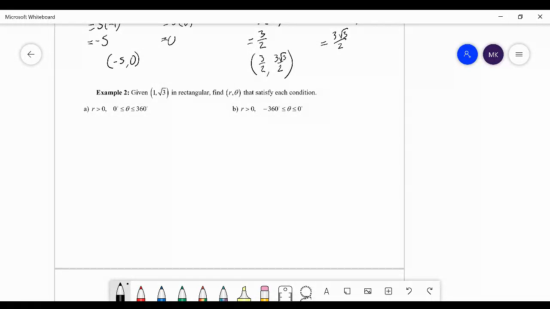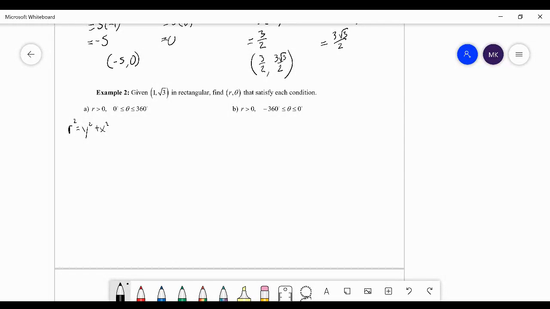The first thing to do is find r. We know that r squared equals y squared plus x squared, or x squared plus y squared equals r squared, whatever you want to say. Very simply put.